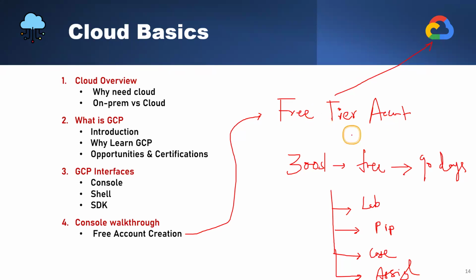So I am going to tell you how to create a free tier account worth $300 for the next 90 days. All the lab activities, pipeline creations, case studies, use cases, and assignments, everything we are going to cover here. I will tell you this in the future classes.